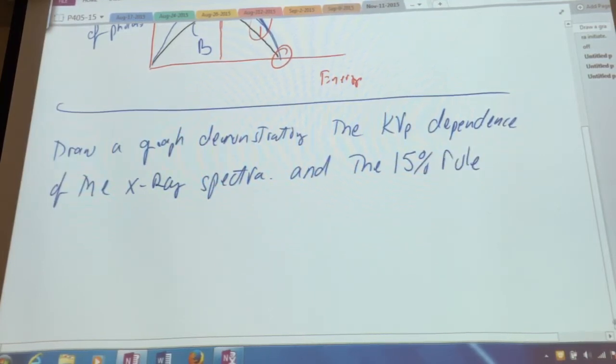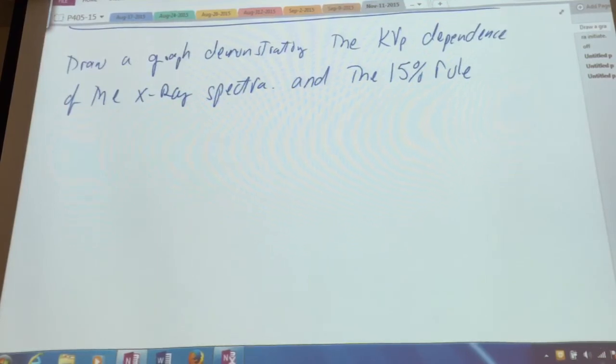Okay, your next challenge. Draw a graph demonstrating the KVP dependence of the X-ray spectra and the 15% rule.